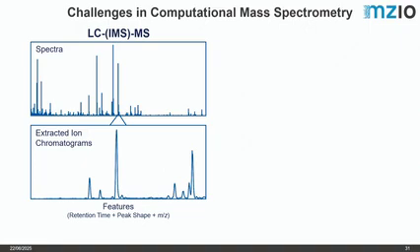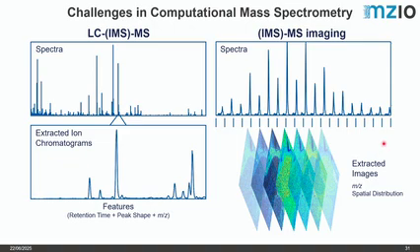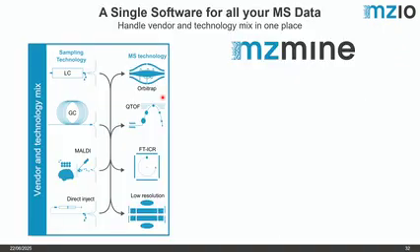Similarly, there's also the imaging workflow in general, where you also acquire mass spectra and extract images from them. What we want to say is, you acquire spectra and you need to extract either images or chromatograms or features from them. So the workflow is similar, but not totally the same.